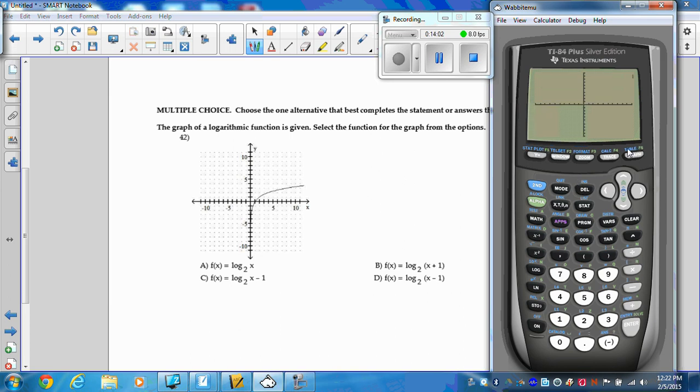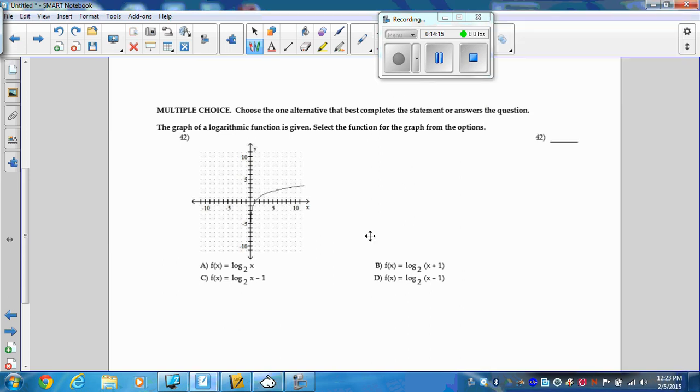And so this one shifts the graph to the left. So you can see that this is not going to be it. This one's going to shift the graph to the right. So that takes care of this one. The correct choice was the first one that we did. It was choice A.